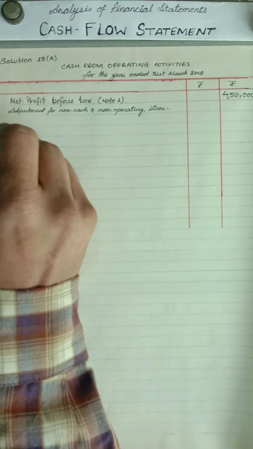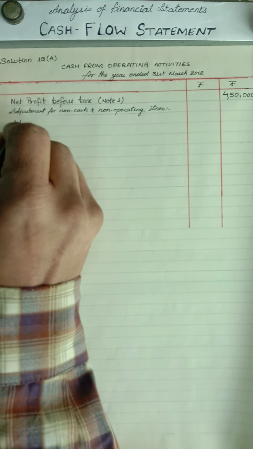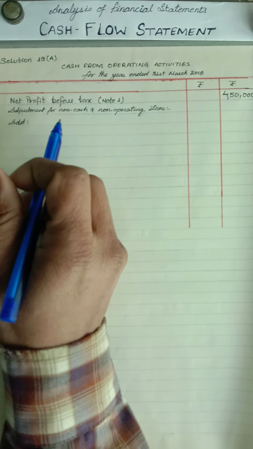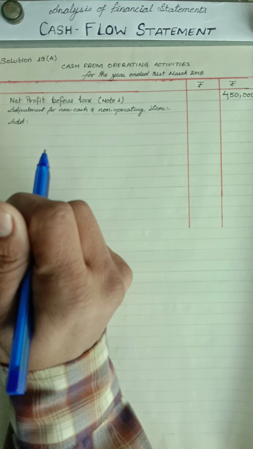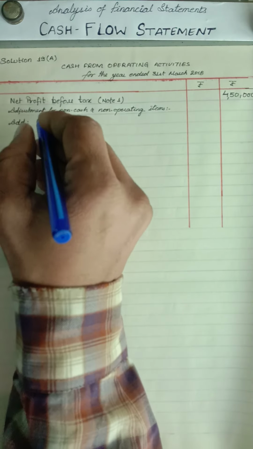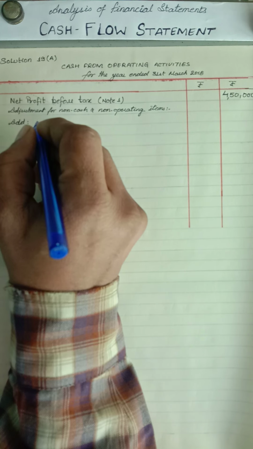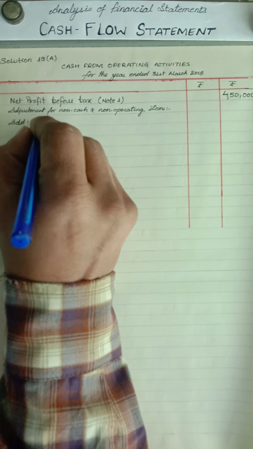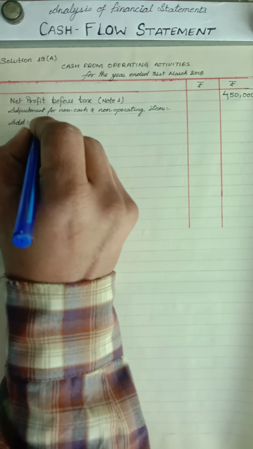Here in this, what we have to do, we have to add in this. So you can see the addition part we will have. Here debentures written off we have, and loss on sale of furniture. So discount on issue of debentures, it is written discount on debentures written off part 10,000 and loss on sale of furniture. It is your addition part.